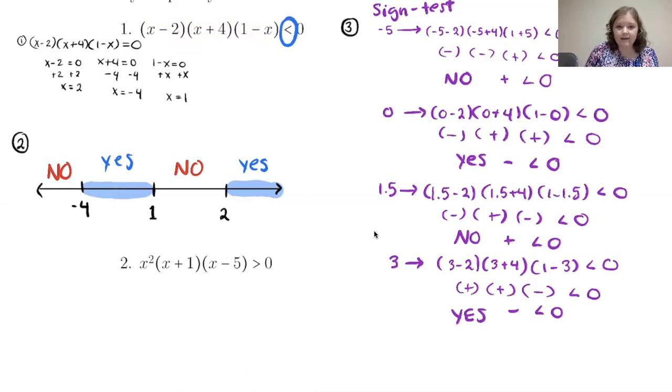So this sign is a strict inequality, so strictly less than 0. So that means we don't include the test points. And so this kind of sign always gets parentheses. So if we had had less than or equal to, if it was an inclusive inequality, we would put a bracket instead.